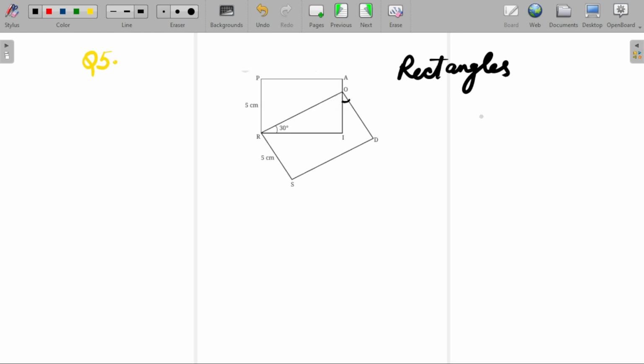Are you clear about the question? You need to find out IOD. This angle is to be found out. For this question, you are required to draw a construction.